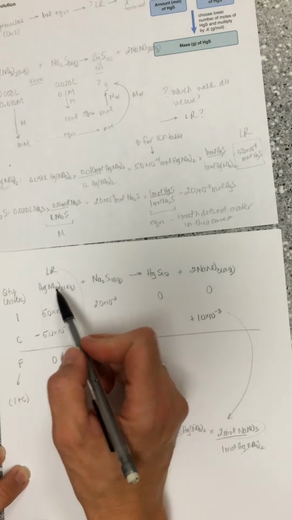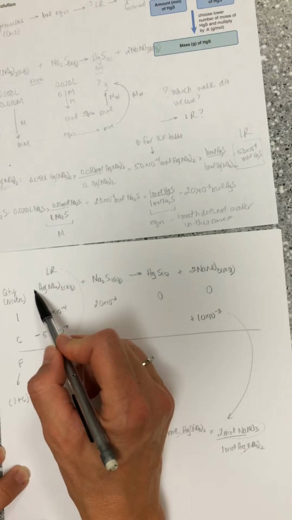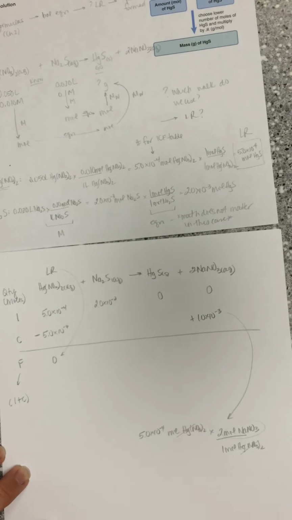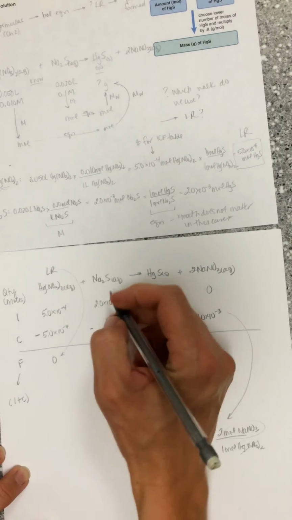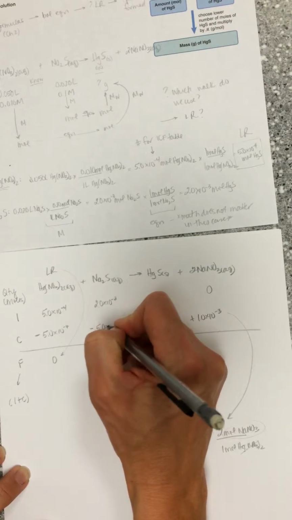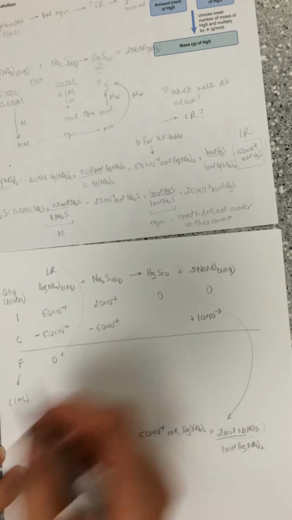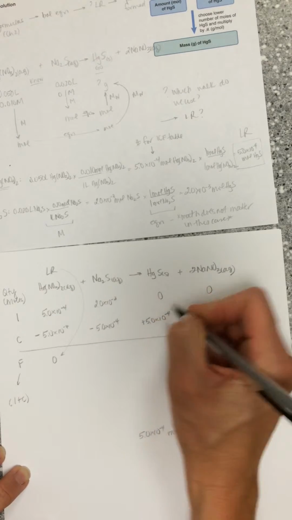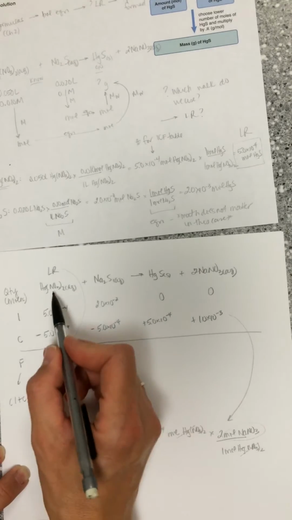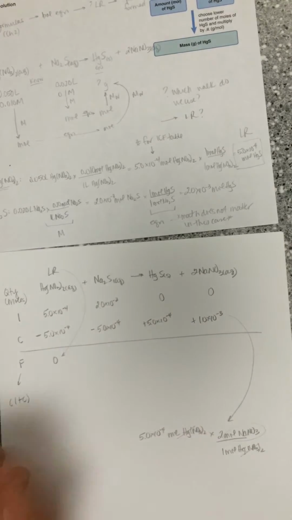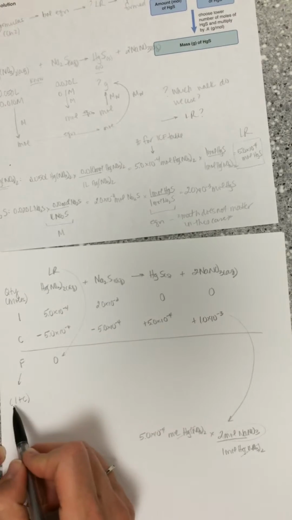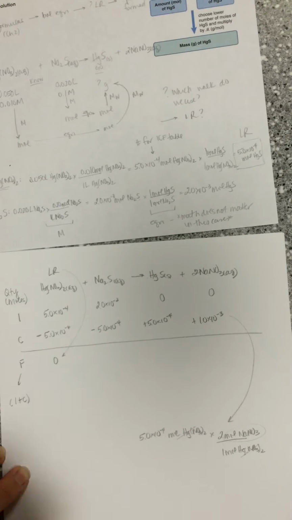Okay? And hopefully everybody sees that because the stoichiometry is 1 to 1 to 1, all of these are going to be the same values, except it's going to be that much lost for our sodium sulfide and that much gained for our mercury sulfide, right? Reagents are going away, so they have minus signs. Products are appearing, so they have plus signs. Again, our final column we propagate as the initial plus the change values.